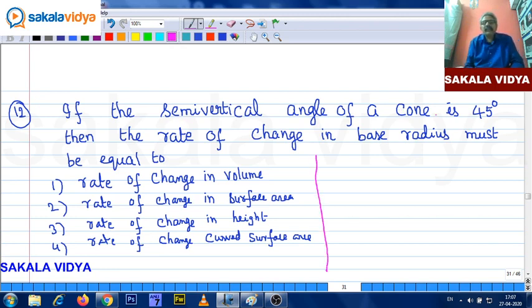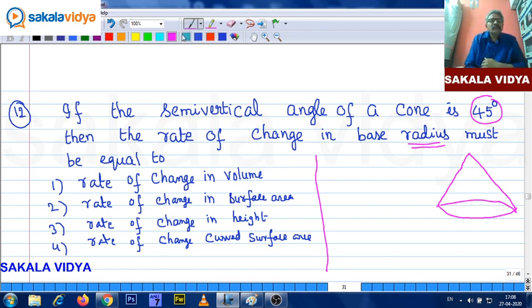The semi-vertical angle of a cone is 45 degrees. The rate of change in the base radius we need to find out. First, let us draw the figure. So, this is, for example, the cone. Now this is height, this is the base radius. Say base radius is r, height is h. The semi-vertical angle theta given, that is 45 degrees.